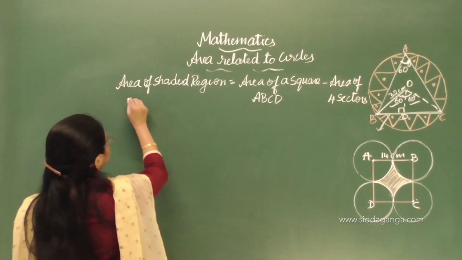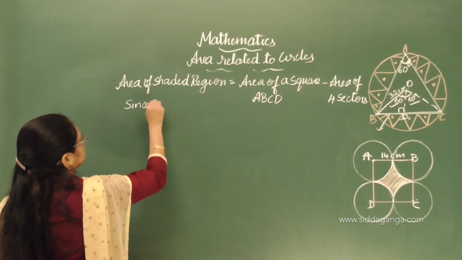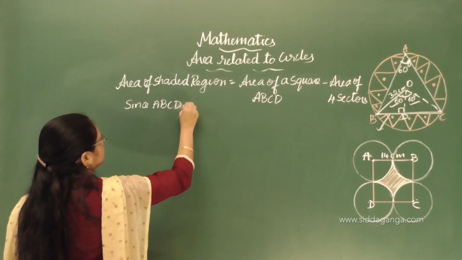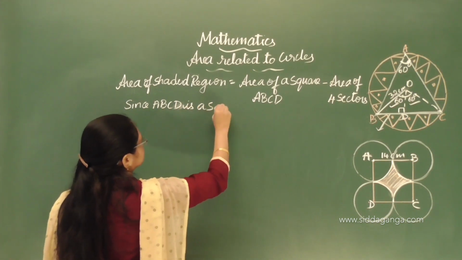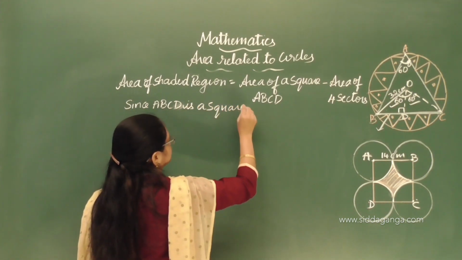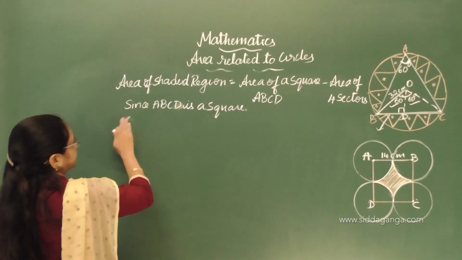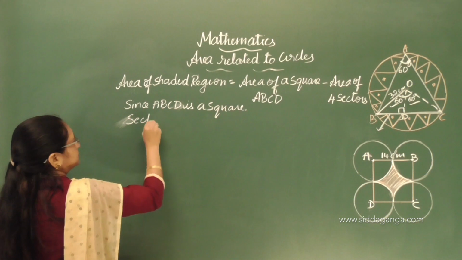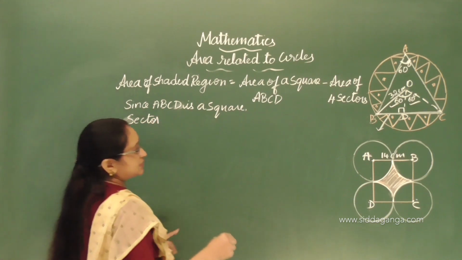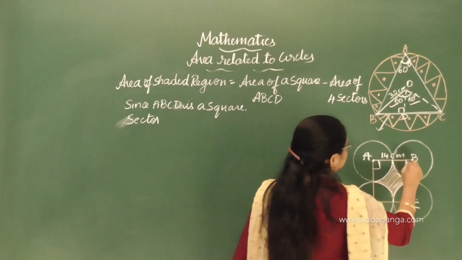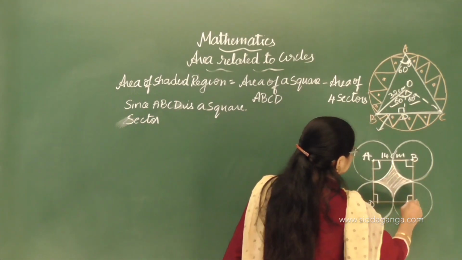Here, since ABCD is a square, what is the sector angle theta? Since ABCD is a square, angle A is equal to 90 degrees, angle B is 90 degrees, you all know that.